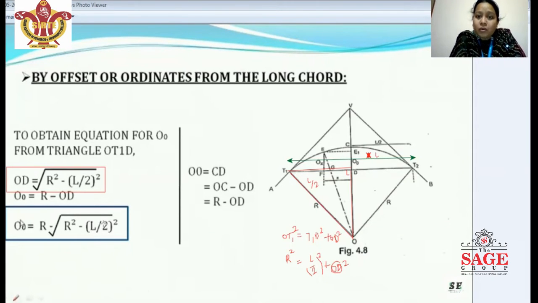Now it is clear. If we find this OD value, what is our aim? We have to find the value of OX. Similarly O node, O0. So how do we find out the value of O node?